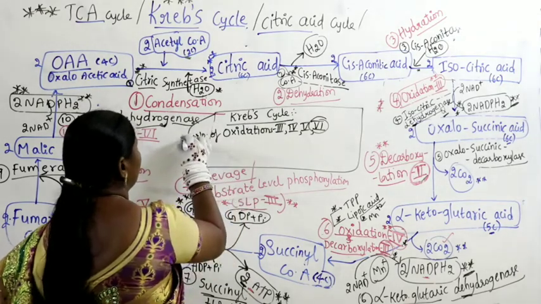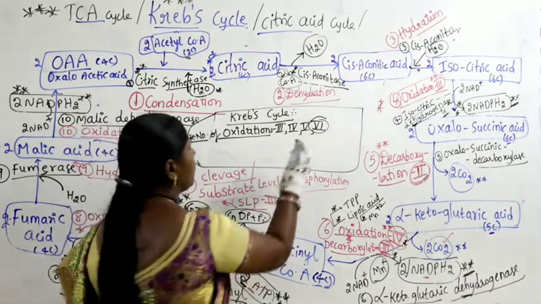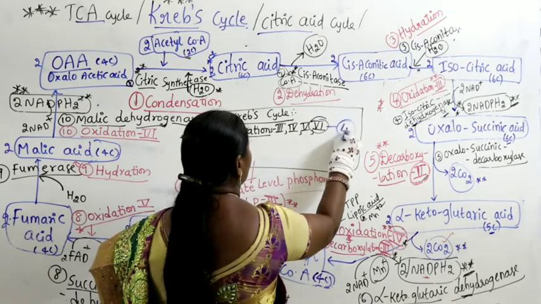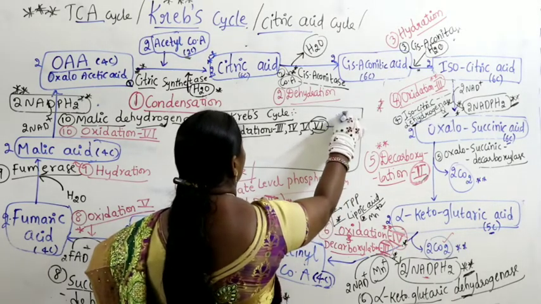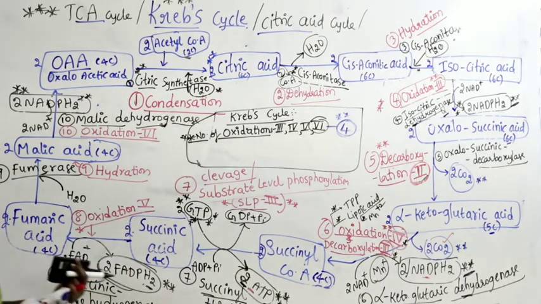Right, very important: number of oxidations. How many oxidation reactions will occur? There are 4 oxidations. Now next is decarboxylation.